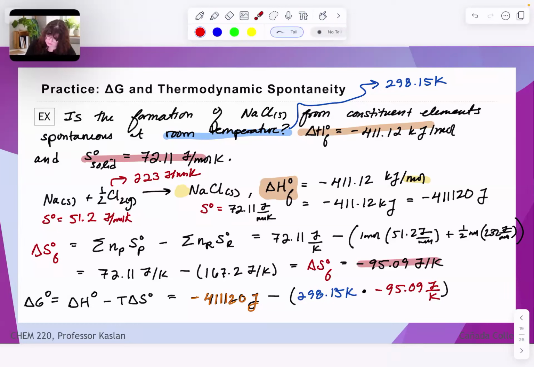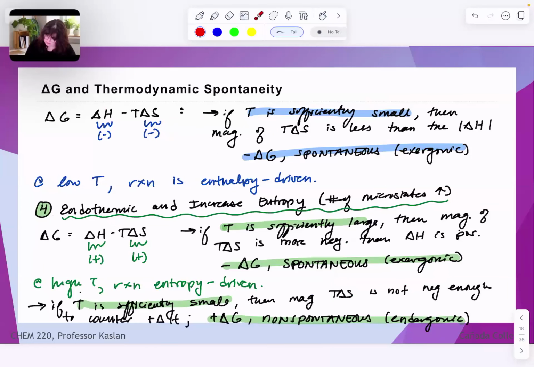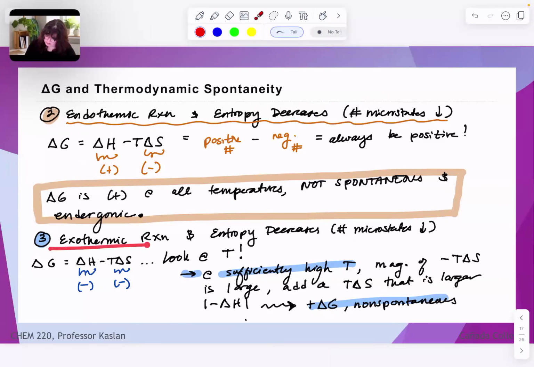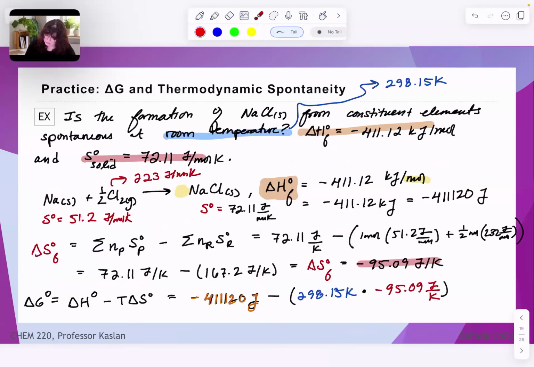Okay, real quick, notice which scenario this is. We have exothermic, but we also had a decrease in entropy. So that is over here: exothermic and entropy decreases. So at high temperatures, we're non-spontaneous, and at low temperatures, we are spontaneous. So let's see if room temperature is low enough for us to be spontaneous.